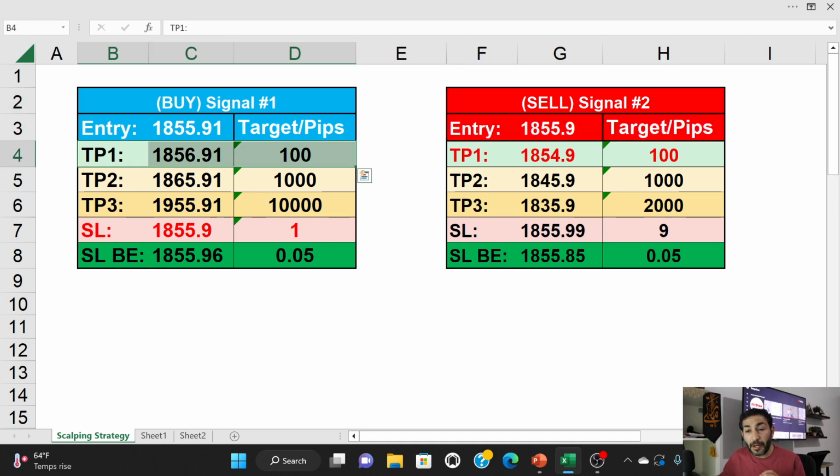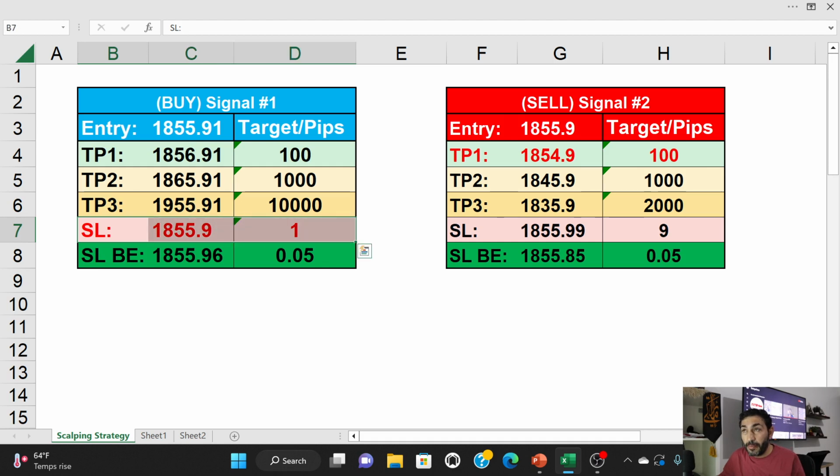Light green here means take profit number 1. Light yellow here means take profit number 2. Dark yellow here means take profit number 3. Whenever you have red writing, that means a modification on the signal.